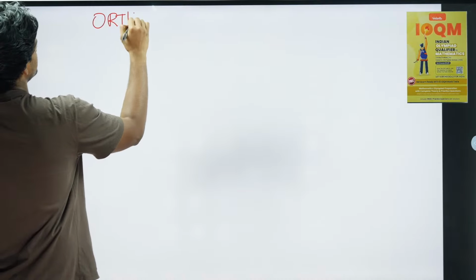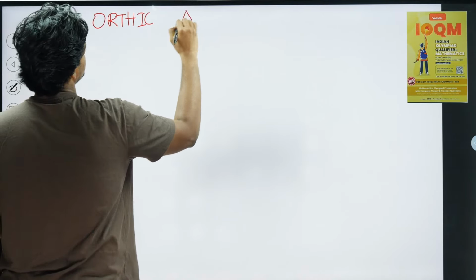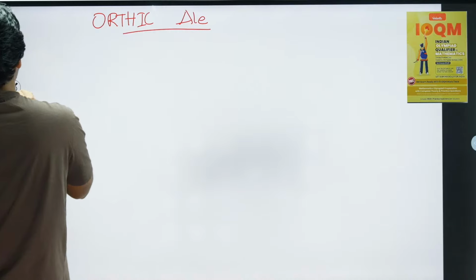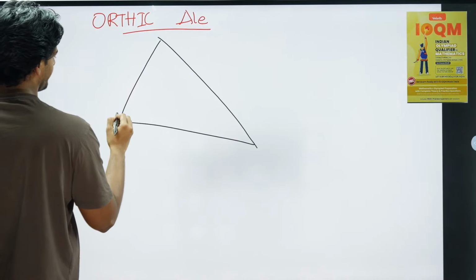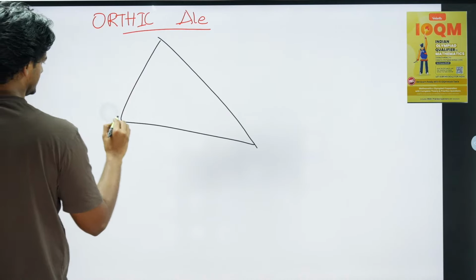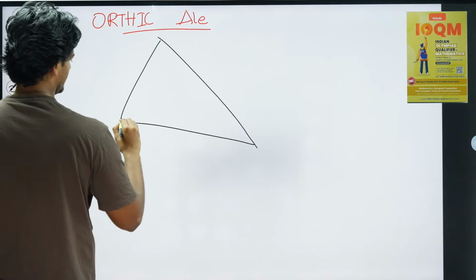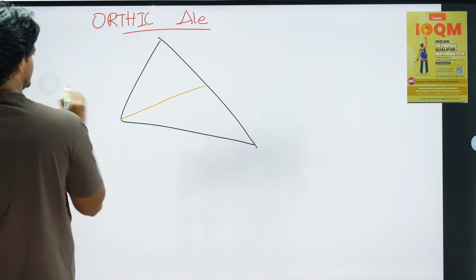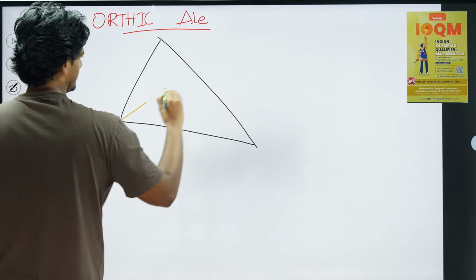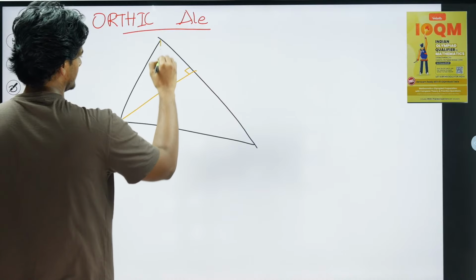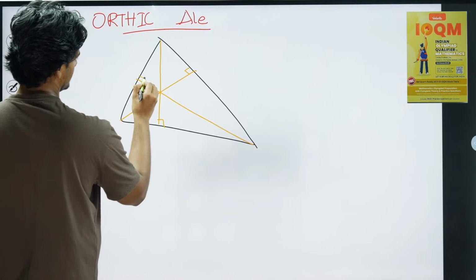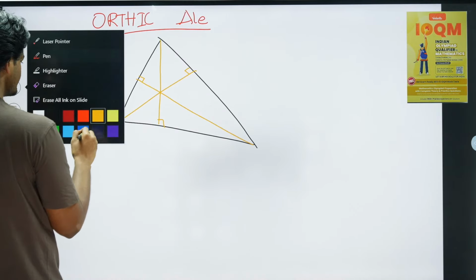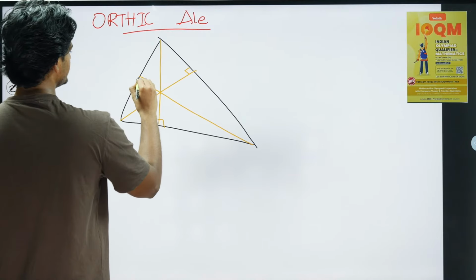So, orthic triangle. If you have a triangle ABC, you draw altitudes, and then what you do is you join these points.